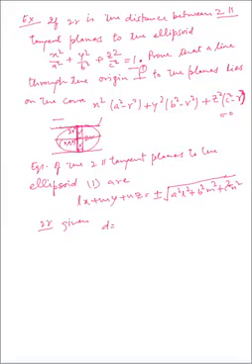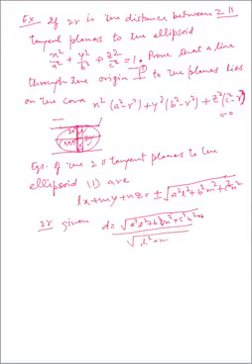But here it will be 0 0 0 because it is from origin, so with under root a square l square plus b square m square plus c square n square, and again it will be minus minus plus for the second plane, upon under root l square plus m square plus n square.